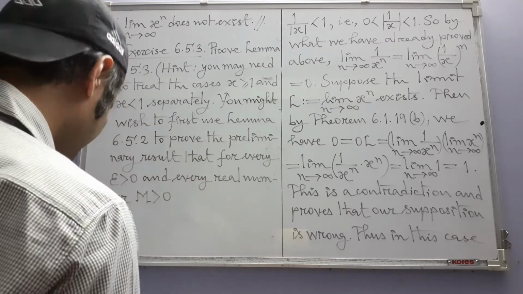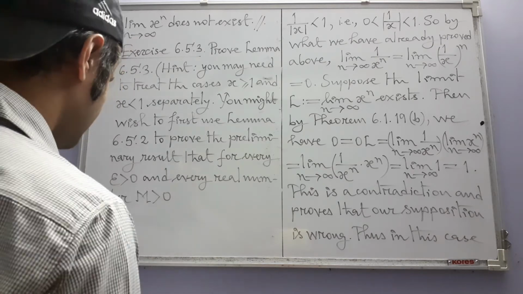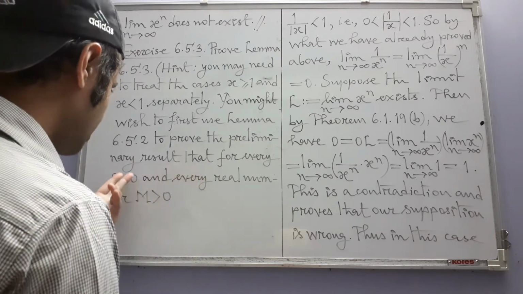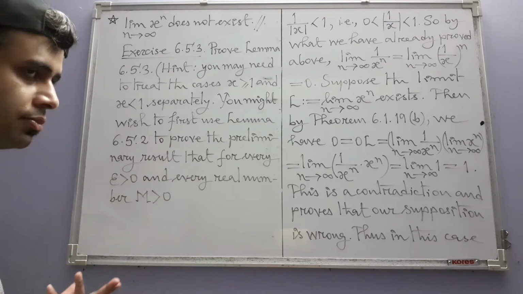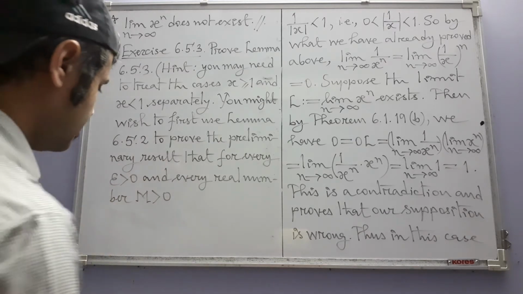Okay, so then what was the need to write it like this? We could have as well written for every epsilon and m greater than 0. Now both are positive real numbers.